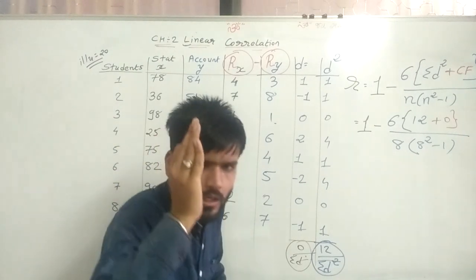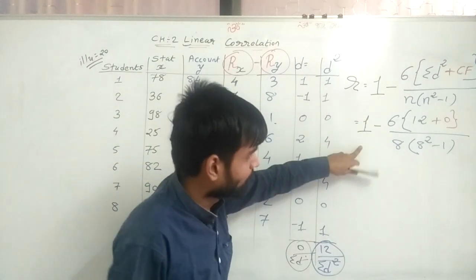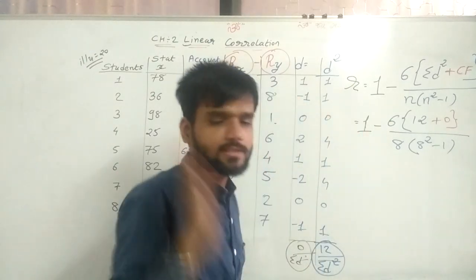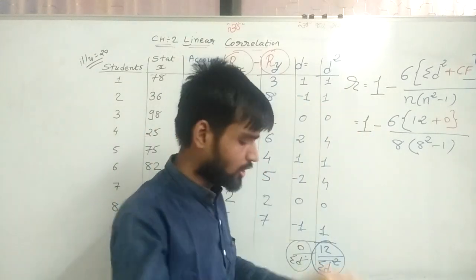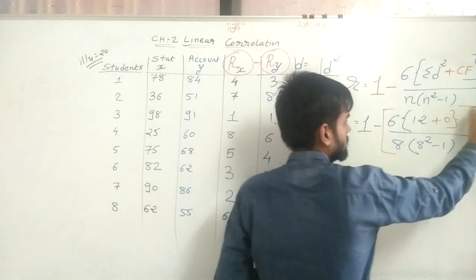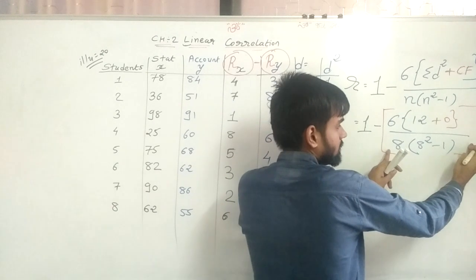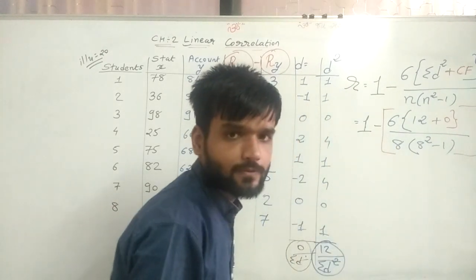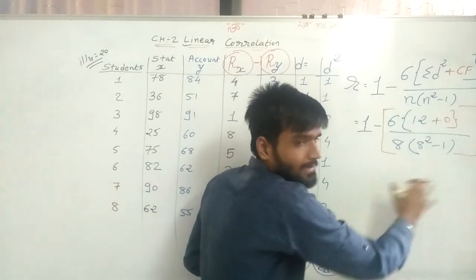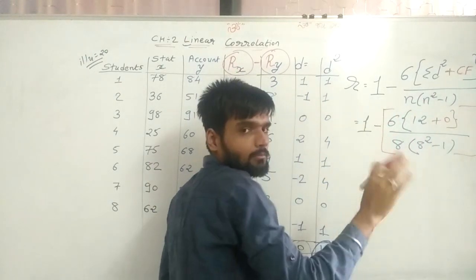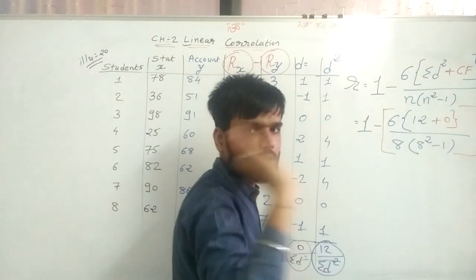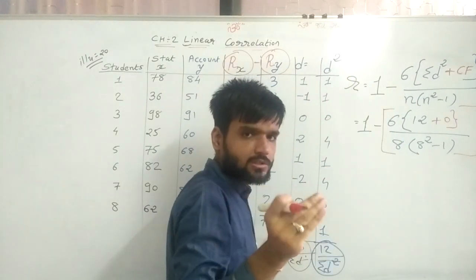Now understand please: don't consider 1 first. First of all, solve the calculation backward. The 1 minus is done at the end of the sum.